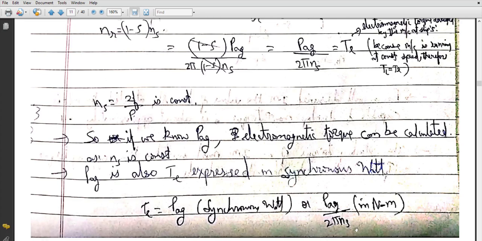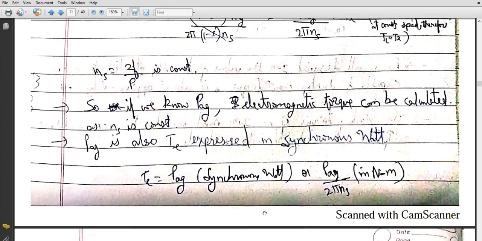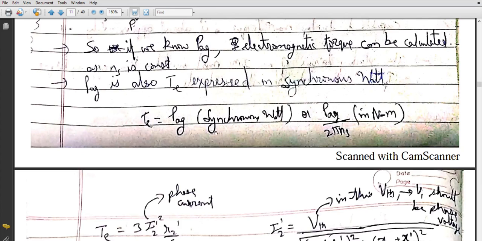This is very important. In numericals you can see this while drawing your circle diagram, which is not in your syllabus right now. They use synchronous watt just for simplification of calculation.